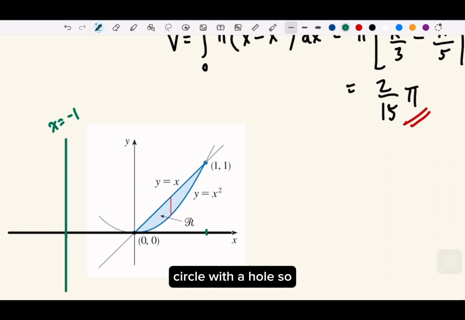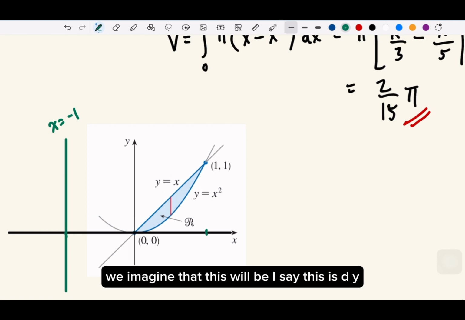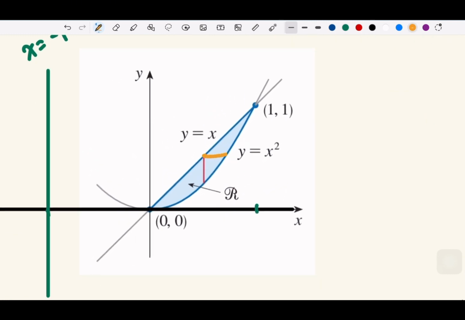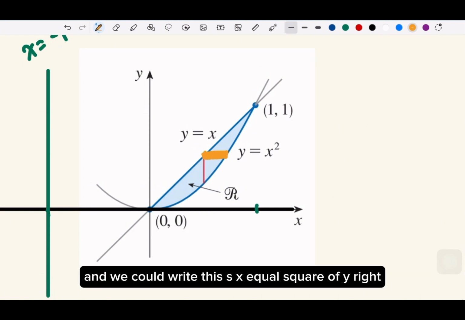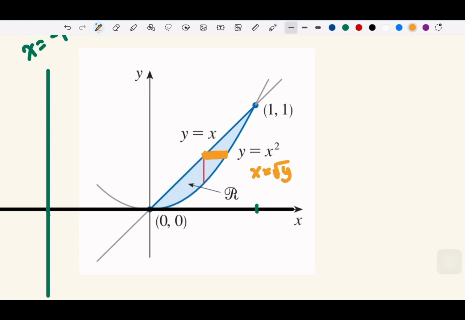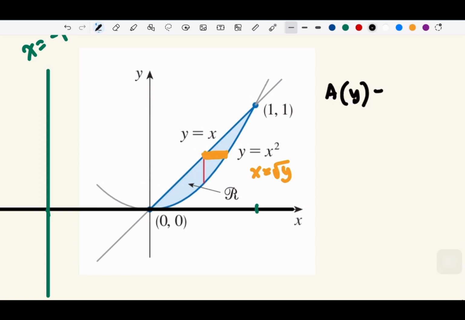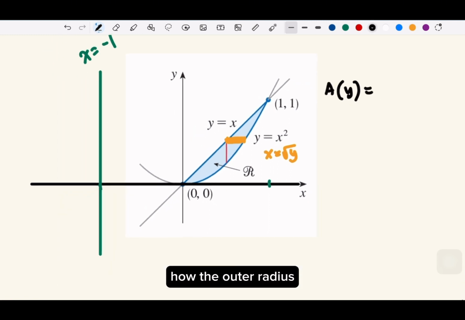Circle with a hole. So we imagine that this will be, let's say this is dy, and we could write this as x equal square root of y, right? And how do we decide the area? How about the outer radius?